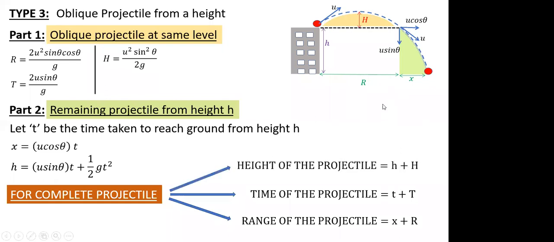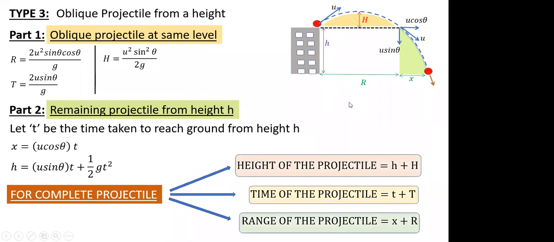And the height is capital H plus the height of the building. So I can relate in these three forms. And if they ask you for the velocity when it reaches the ground, again I need to calculate the horizontal component and the vertical component.